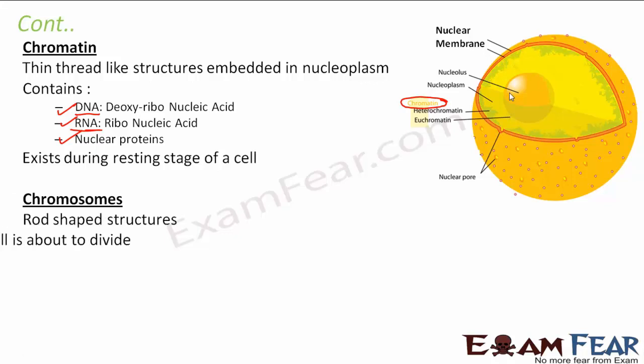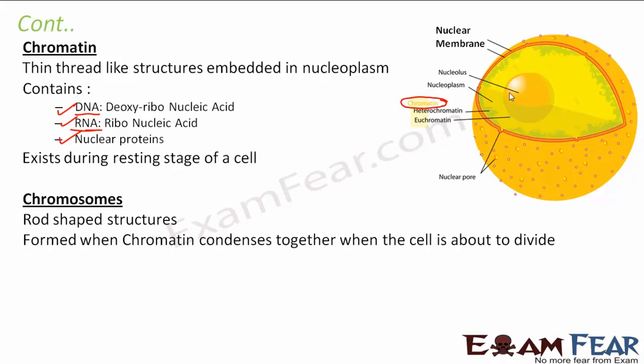Chromosomes are rod-shaped structures which are formed when chromatin condenses together when the cell is about to divide. So it is somewhat like this. Let us suppose these are the chromosomes. So this is how chromosomes look. They are like all haphazard thin thread-like structures.